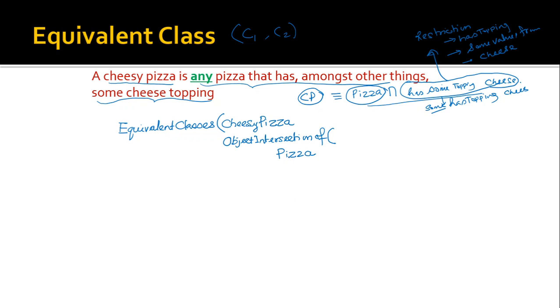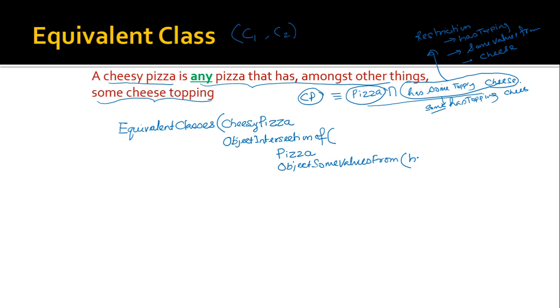So the keyword to represent this, some values from or all values from, is basically ObjectSomeValuesFrom. Now this is the type of restriction, and on which property are you putting the restriction?